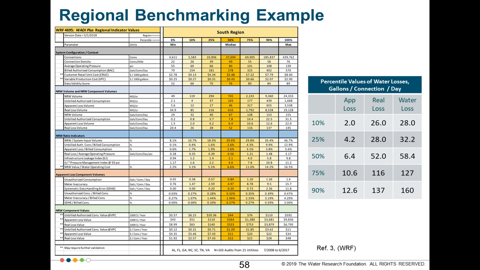On the right, there's a table that shows you, let's say, the medians and the 25th percentiles for all of the utilities in the data set. So we think this may be useful for assessing situations and ongoing benchmarking.